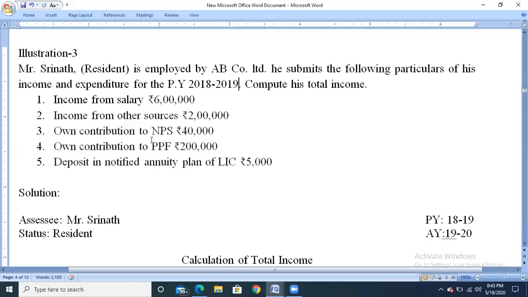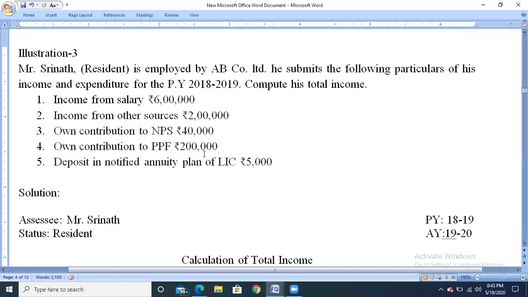Next, deductions. They have given own contribution to NPS. So this amount can be claimed as deduction under section 80CCD subsection 1B. Next, own contribution to PPF, rupees 2 lakh. So here he has contributed to PPF, so it can be claimed as deduction under section 80C, but it is restricted only to 1,50,000.